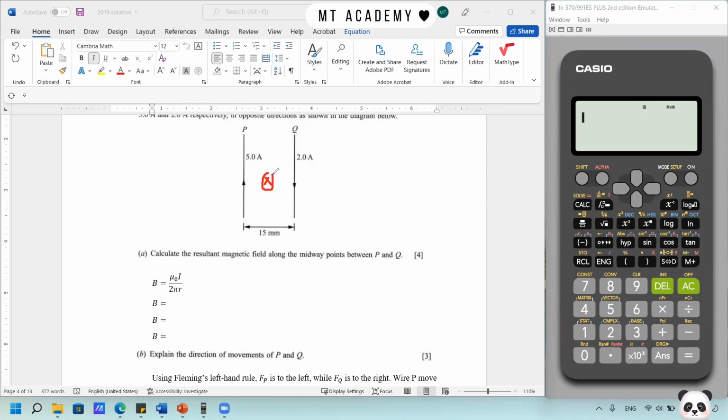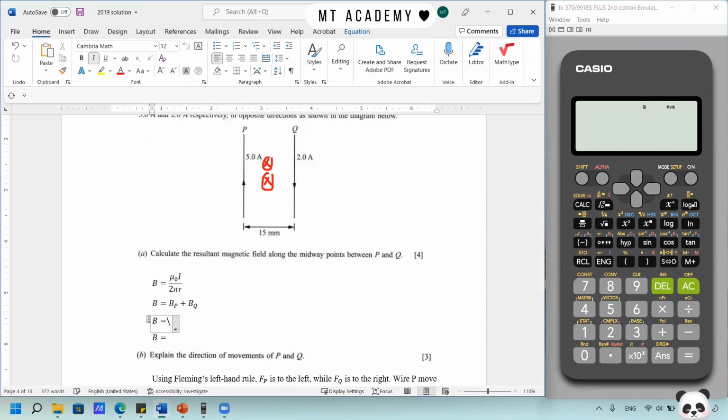As for wire Q, you apply the right hand and you also obtain the same direction. So we can just do a summation of the B by wire P and the B by wire Q, since they are in the same direction.